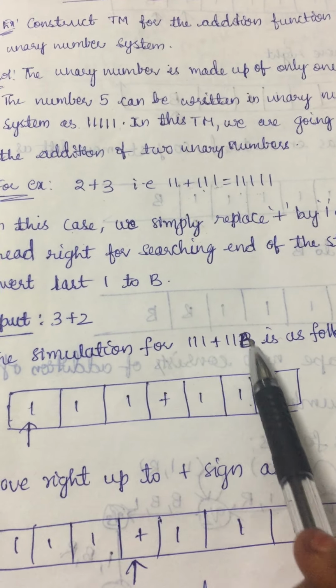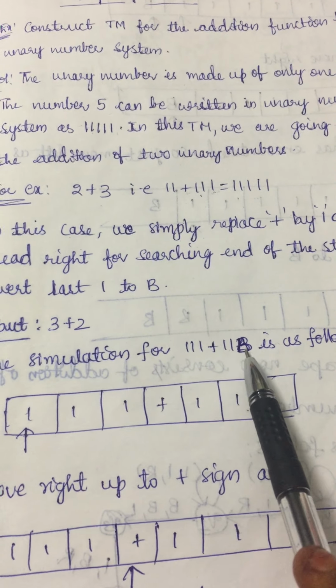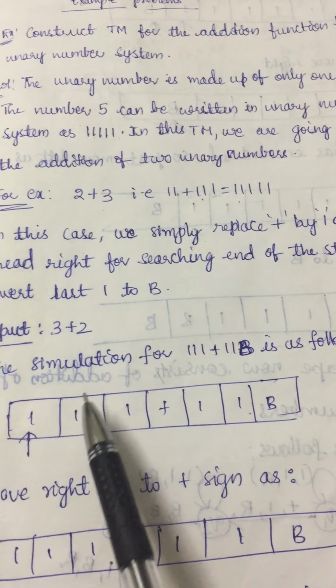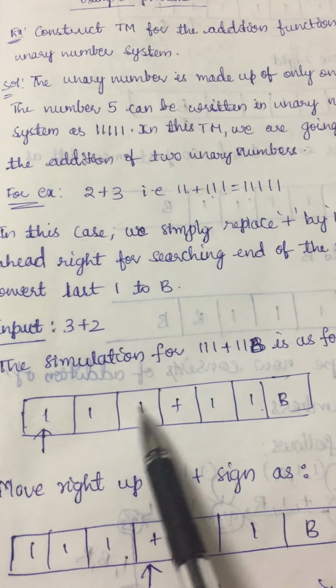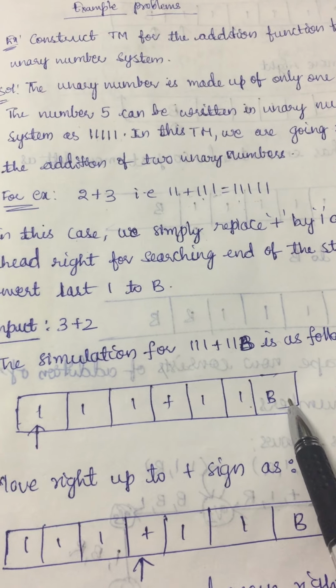So completely we have written here 3 ones, plus, 2 ones followed by a blank symbol. See how it is represented in the input tape.